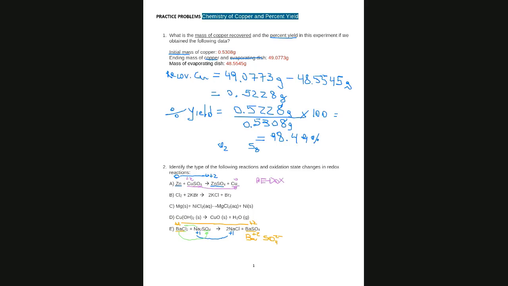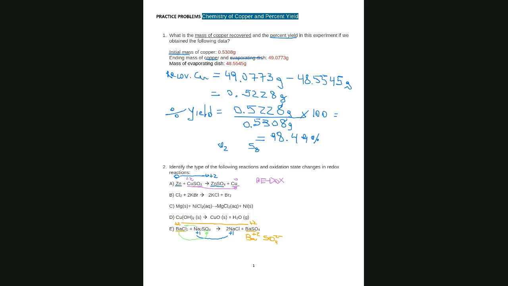What type of reaction is reaction E, when they switch partners? Yes, thank you. Perfect. Reaction E is a double placement, or metathesis.